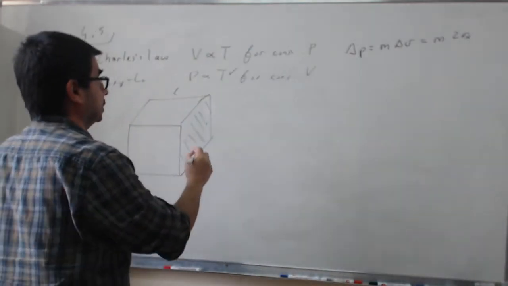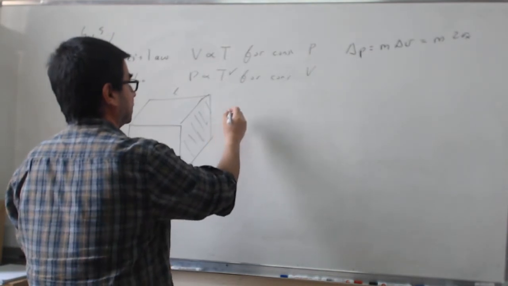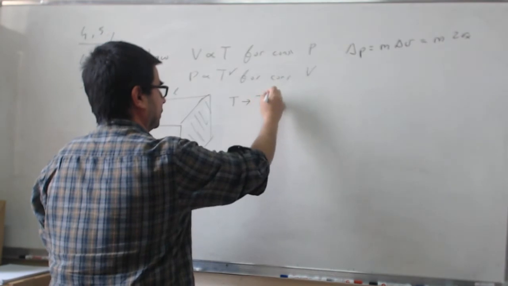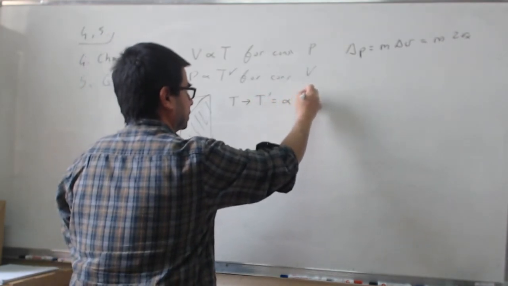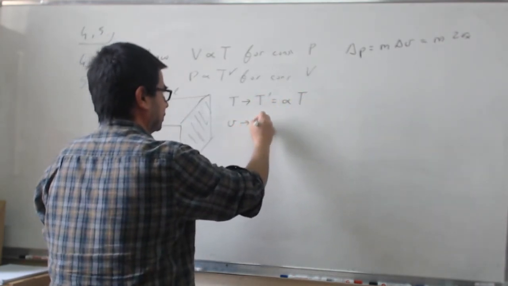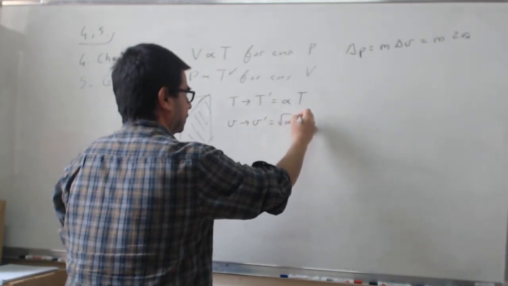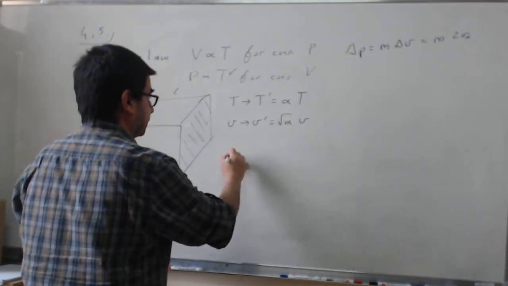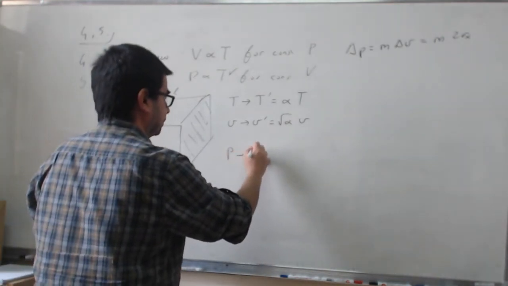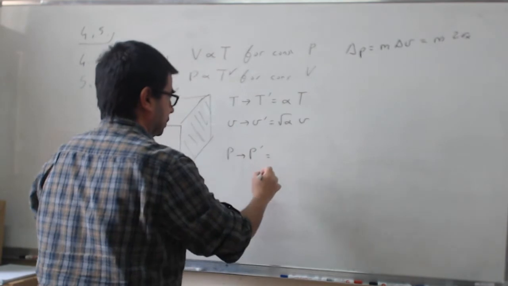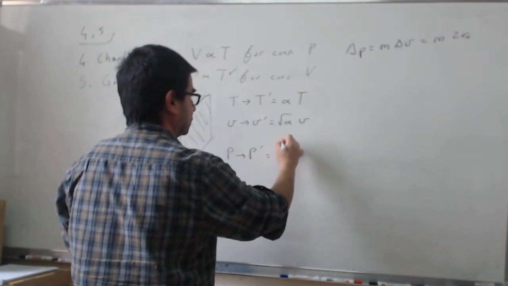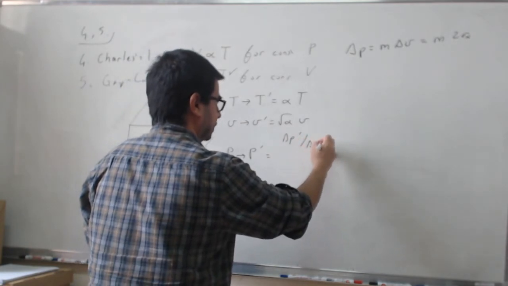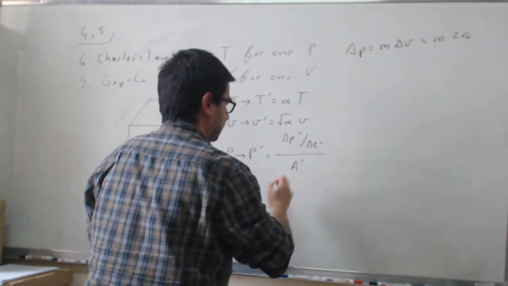So again, let's say that my T goes to some T prime, which is just alpha times T, then my V is going to some V prime, which is square root of alpha times V, and my pressure is going to go to some P prime, which is equal to delta P prime, the change in momentum, over delta T prime divided by A prime.